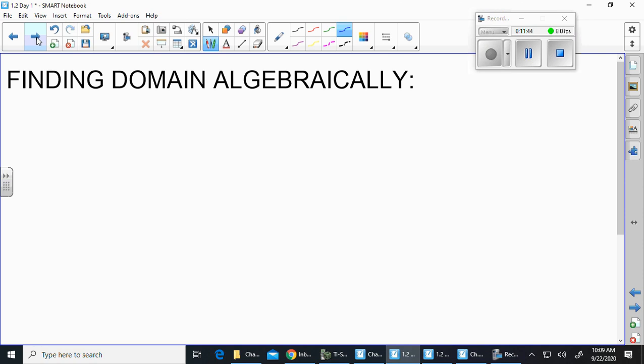So the thing that we want to remember, and this is on the little note page, domain is what we can put in. Okay? Range is what comes out. So when we think about this and we want to find the domain, first thing you want to remember, polynomials, their domain is always everything.